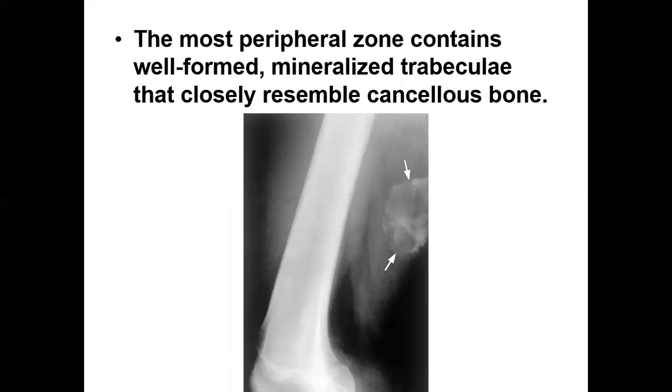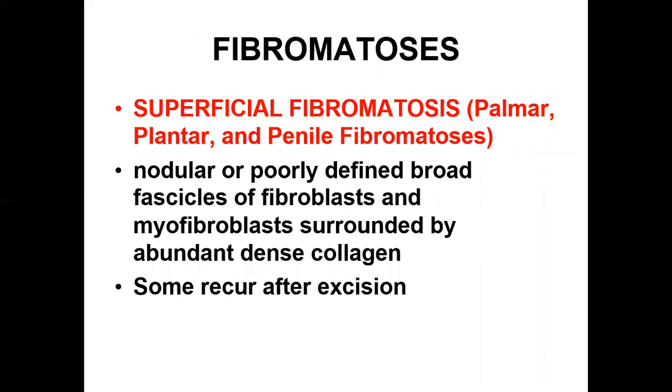The most peripheral zone contains well-formed mineralized trabeculae that resemble cancellous bone. So this is the normal bone, and this is myositis ossificans in the surrounding muscle. There is bony trabeculae formation.